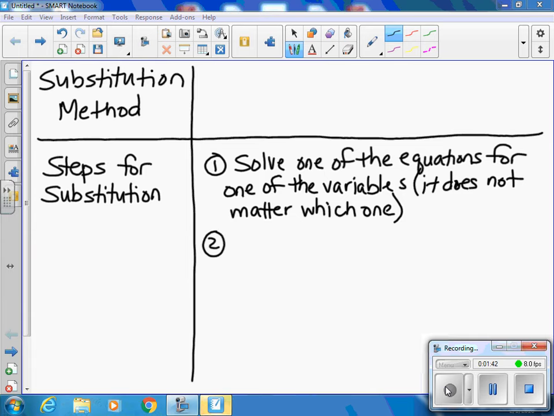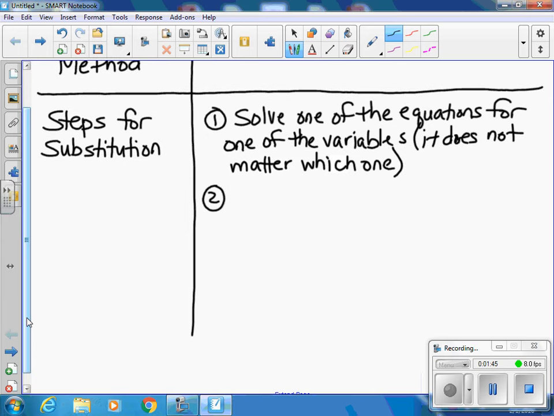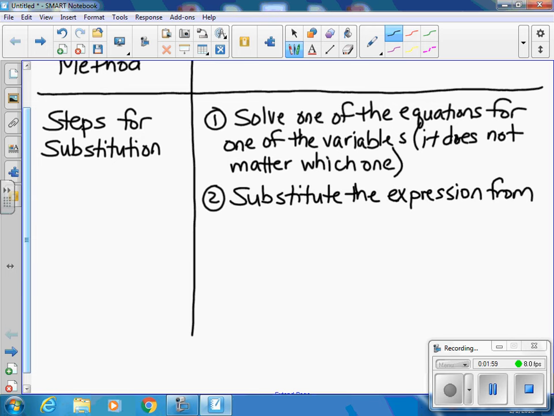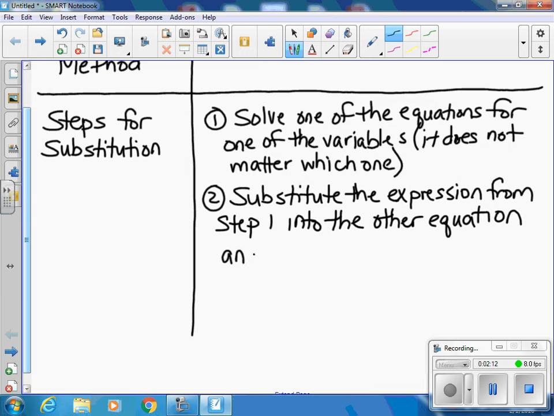All right, after you've done step 1, then step 2 is actually where this method gets its name from. You are going to substitute the expression from step 1 into the other equation and solve for the other variable.